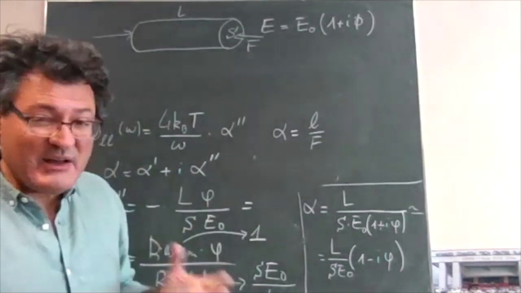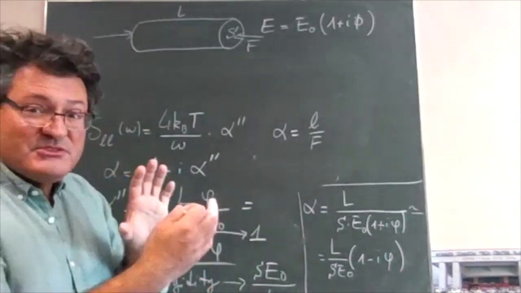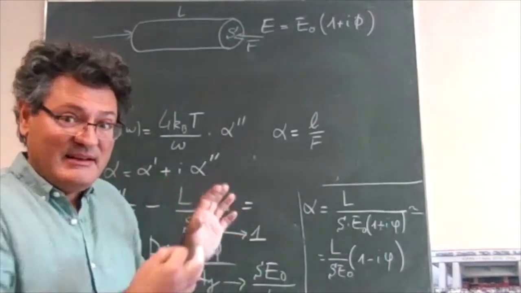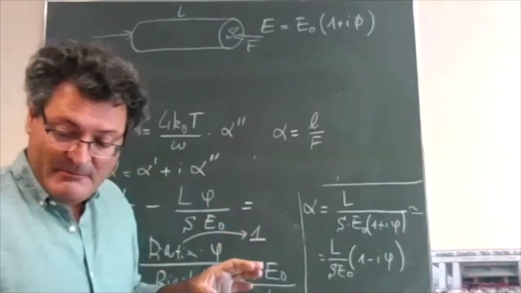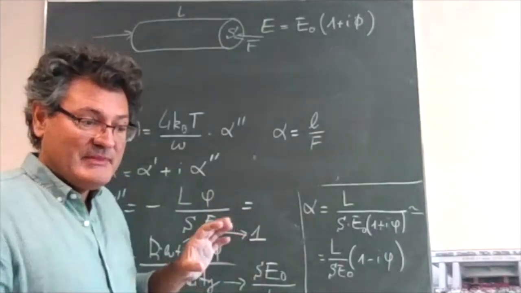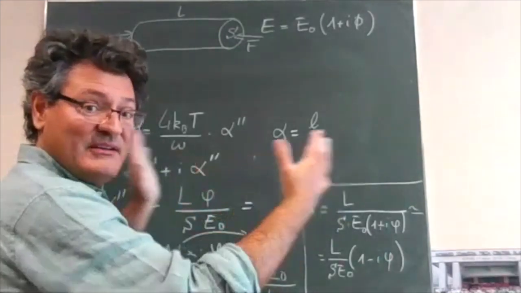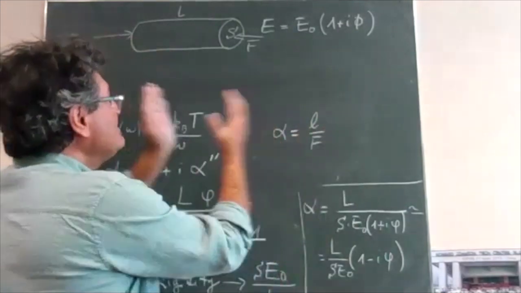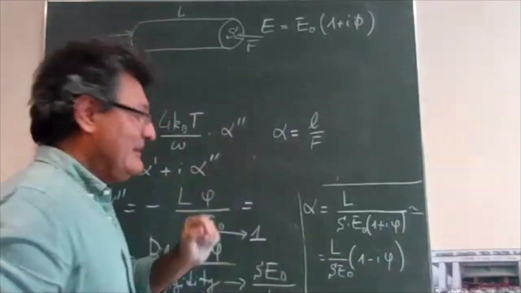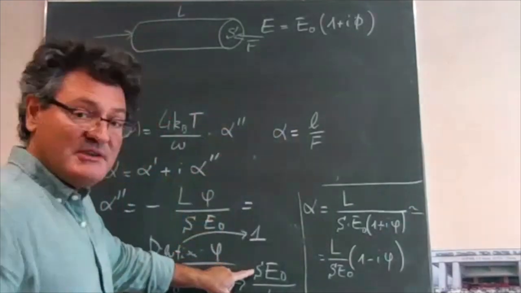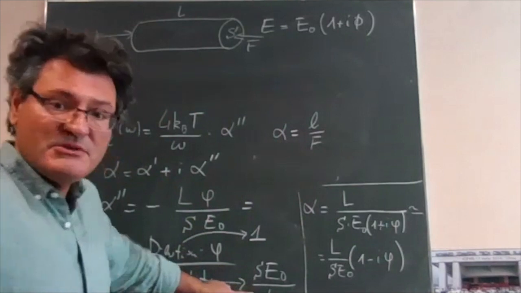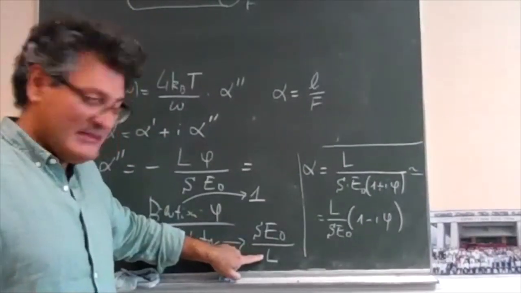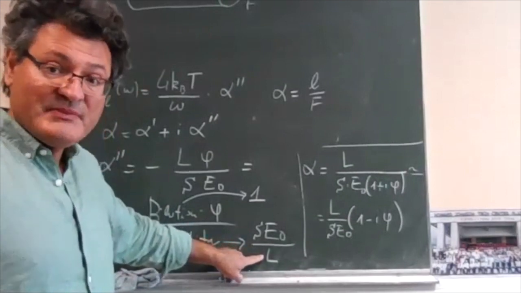And in fact, this is one of the reasons why the mirrors of gravitational wave detectors have the shape like that, because if they are really thin and long, the thermal noise is kind of large. And so you need a system that has a large surface and minimal length.